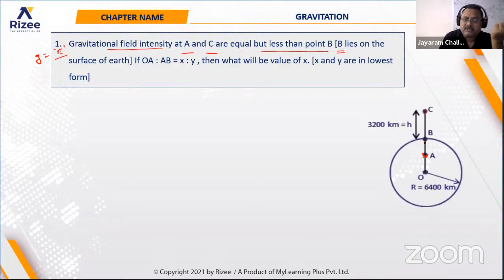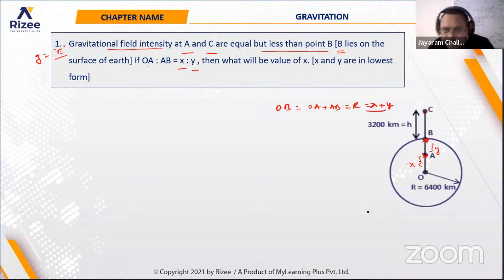Because B is on the surface. OA is given as x, that means this particular distance is x. And AB is nothing but y. I can write OB, which is the sum of OA plus AB, as the radius, which can be written as x plus y. Just keeping it aside.